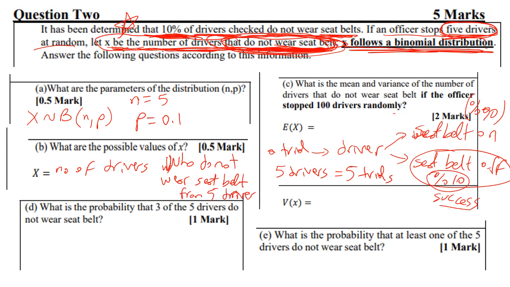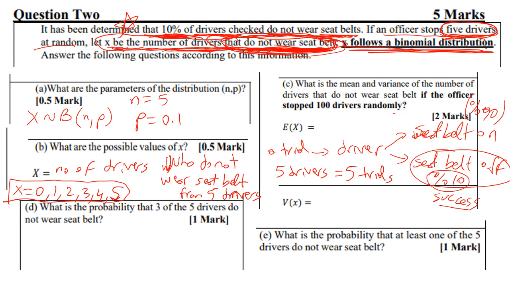So when you stop 5 drivers, 0 of them may not be wearing a seat belt, meaning all of them are wearing the seat belt. Or one of them not, maybe two of them not, 3, 4, up to 5. So X values are always from 0 to 5, where 5 is the number of trials.